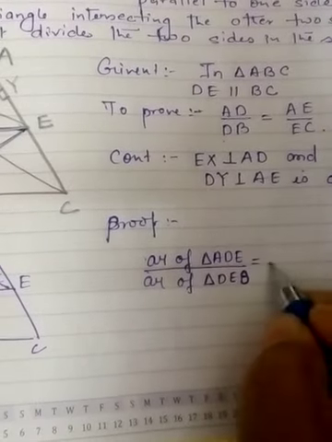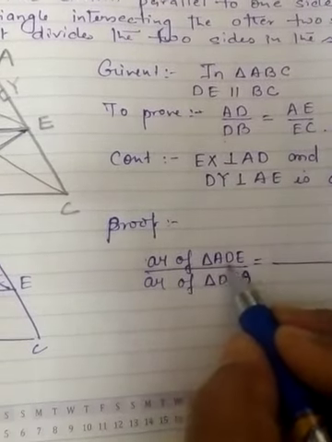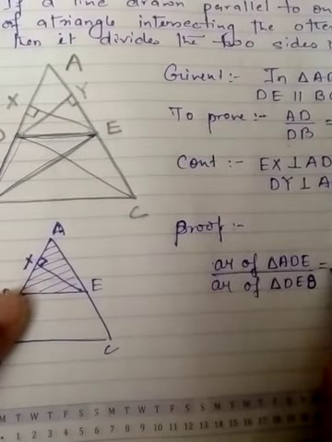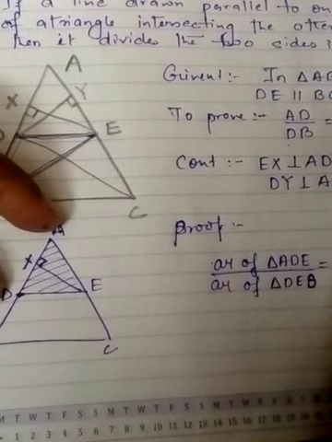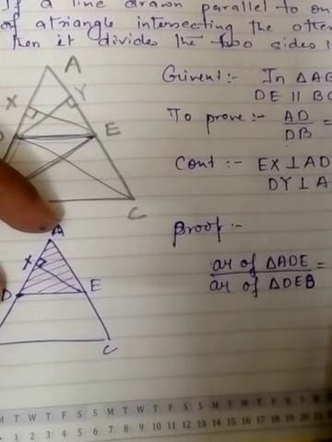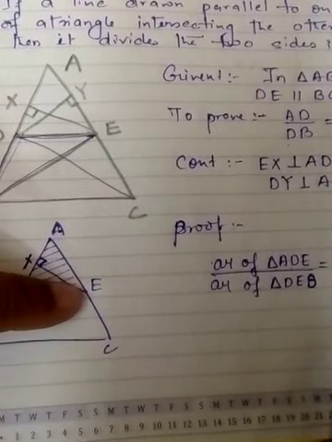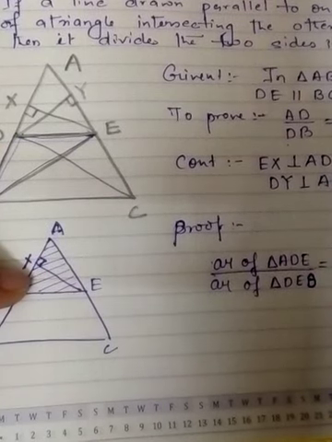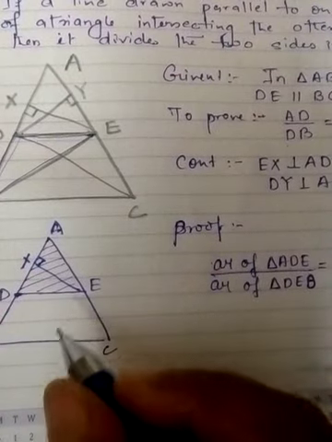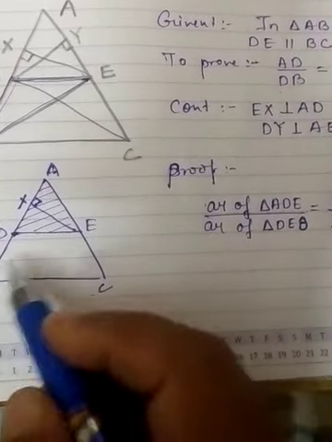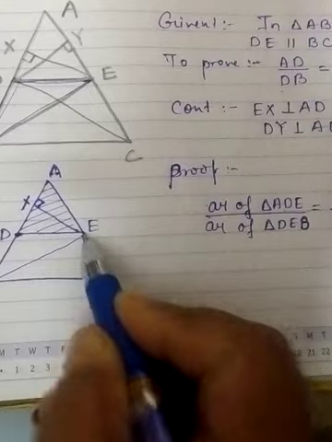Now, area of triangle ADE, that means this small triangle, will be equal to half into base. Our base is this AD, into the height. Height is EX. Now I am going to find the area of this other triangle, this one.